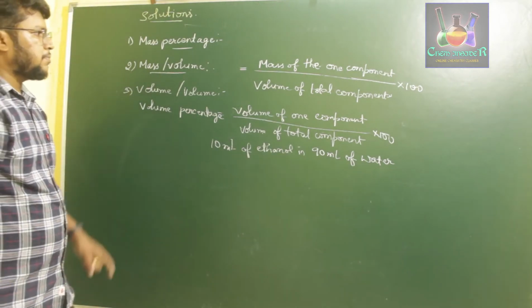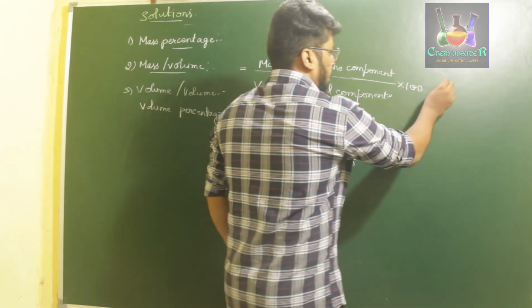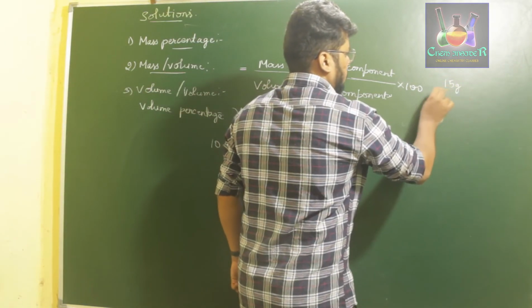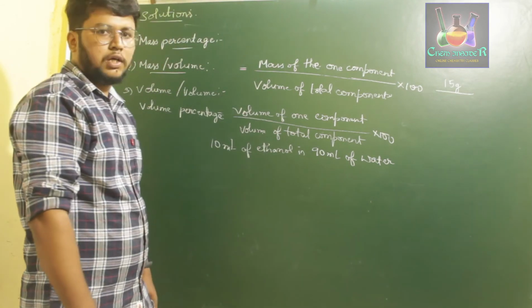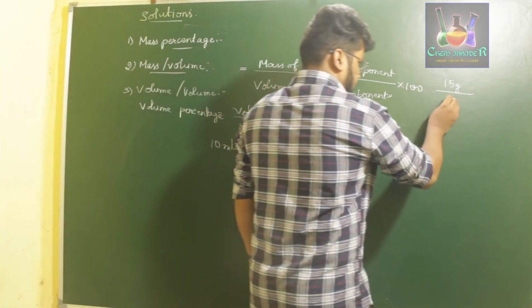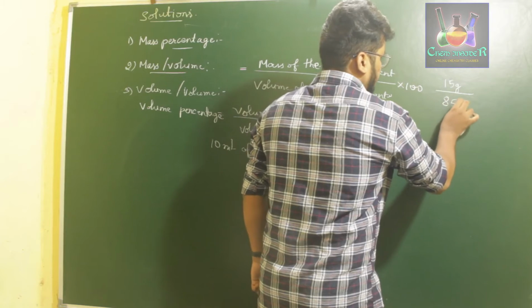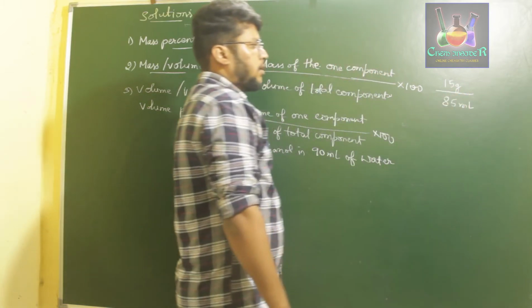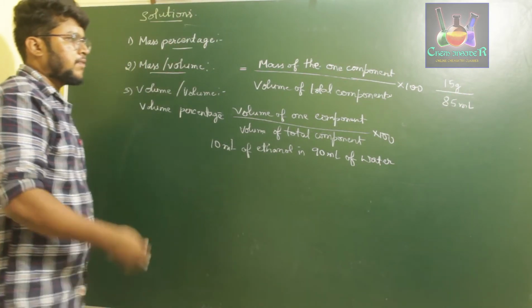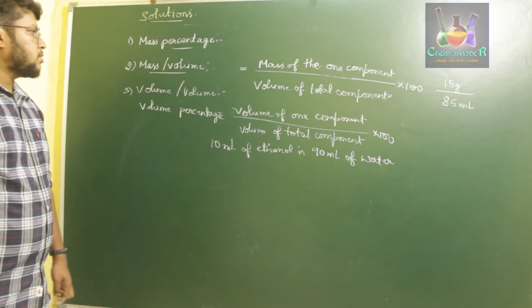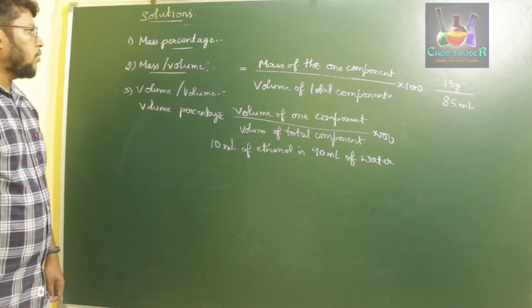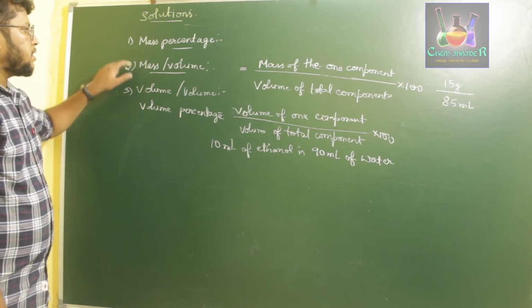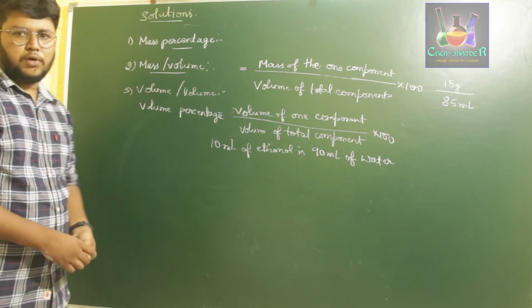Now for mass volume percentage, if you take 15 grams of a solid component, let us say sugar, in 85 ml of water, that gives us a respective amount of mass over volume percentage. So this is how we consider mass percentage, mass over volume, and volume over volume.